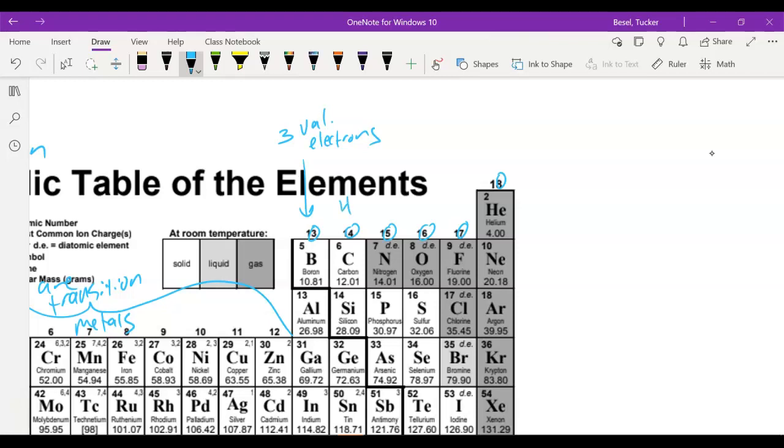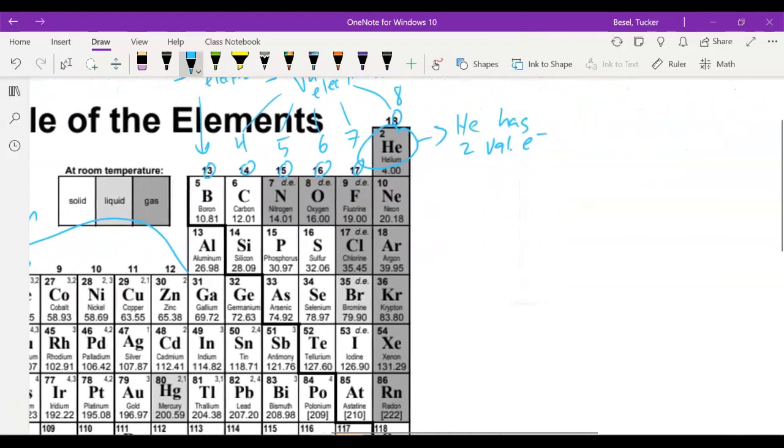So 4, 5, 6, 7, 8 valence electrons. Okay, the only exception is that helium has 2 valence electrons. The rest of those have 8. Okay, so let's see if that's true or not.